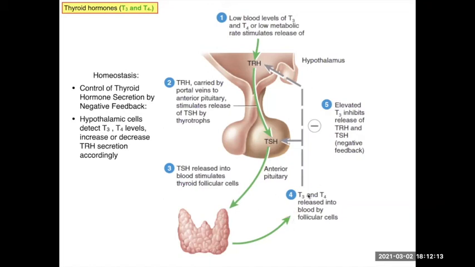Once the levels are sufficient in the blood, that creates a negative feedback and inhibits release of the stimulating hormone as well as the releasing hormone. So basically it's controlled by levels of the thyroid hormones themselves.